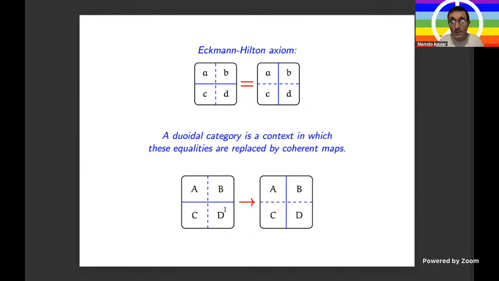So again, before, little a, b, c, and d represented elements of the set, now capital A, B, C, and D represent objects of a category. And these two diagrams represent the two different ways of operating with these four objects. We're going to make this more precise in a second, but that is the basic idea.